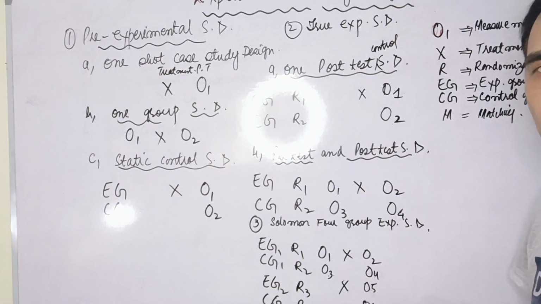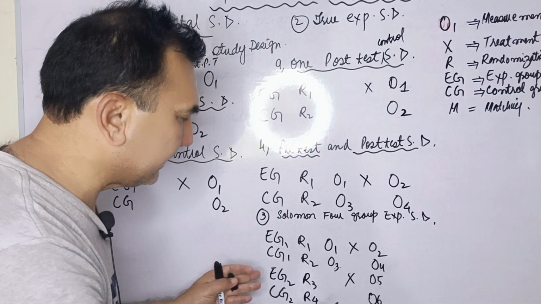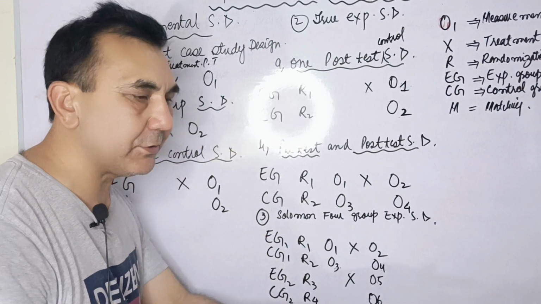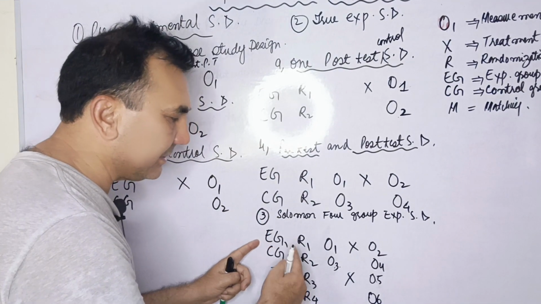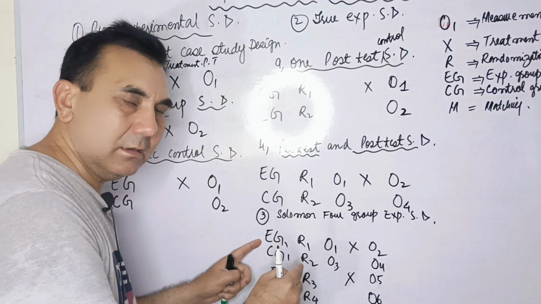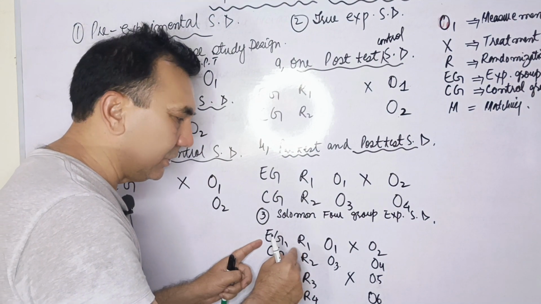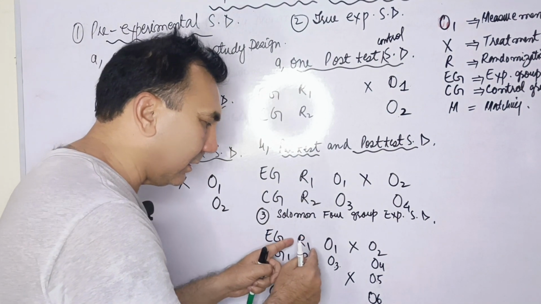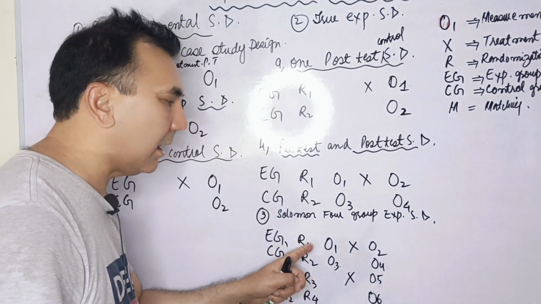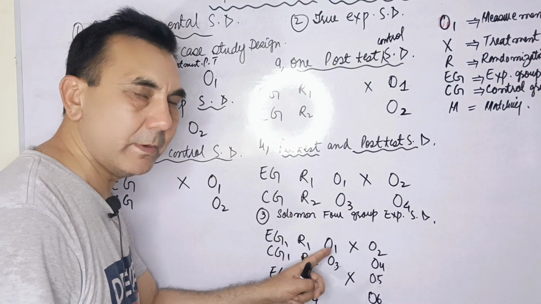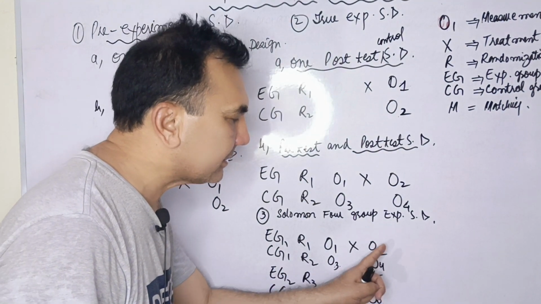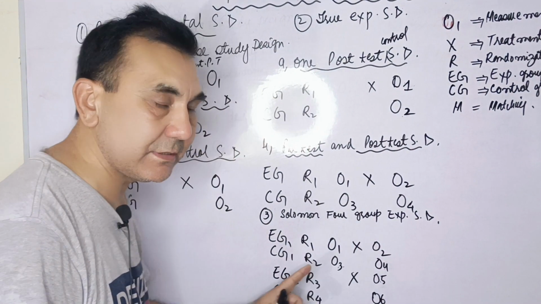Now in the Solomon group, the researcher took two experimental groups and two control groups. In the first experimental group, he assigned the group randomly, conducted a pre-test, then exposed that experimental group to a particular treatment, and then conducted the post-test.